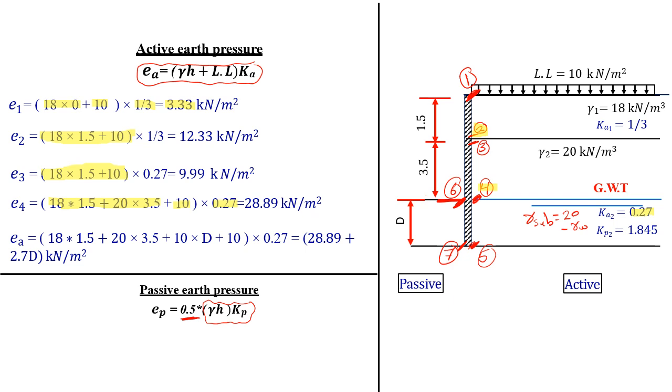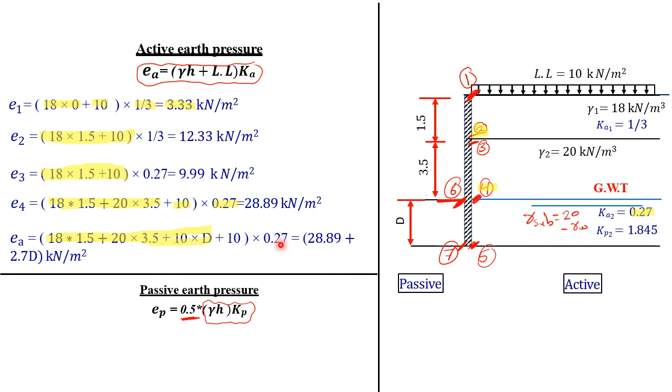So my submerged unit weight is 10. 20 minus 10 is 10, times D, which is unknown. So you see here, this part is the effective vertical stress due to the own weight of soil. I have here 10 times D. Then I have my live load portion here, plus 10. And my K active for the second soil layer is 0.27.